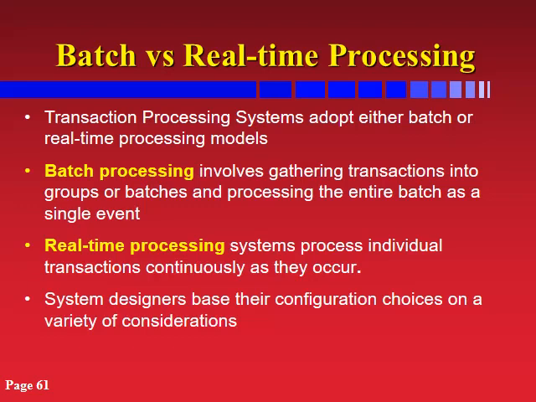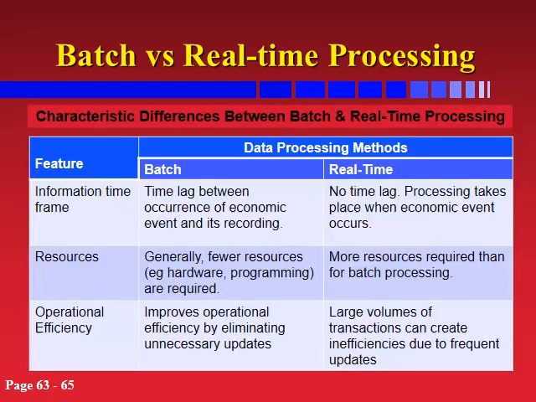In selecting a data processing mode for a system, system designers must consider several factors, including the trade-off between efficiency and effectiveness. Let's take a look at the characteristic differences between batch and real-time processing in the areas of information time lag, resources needed, and operational efficiency.